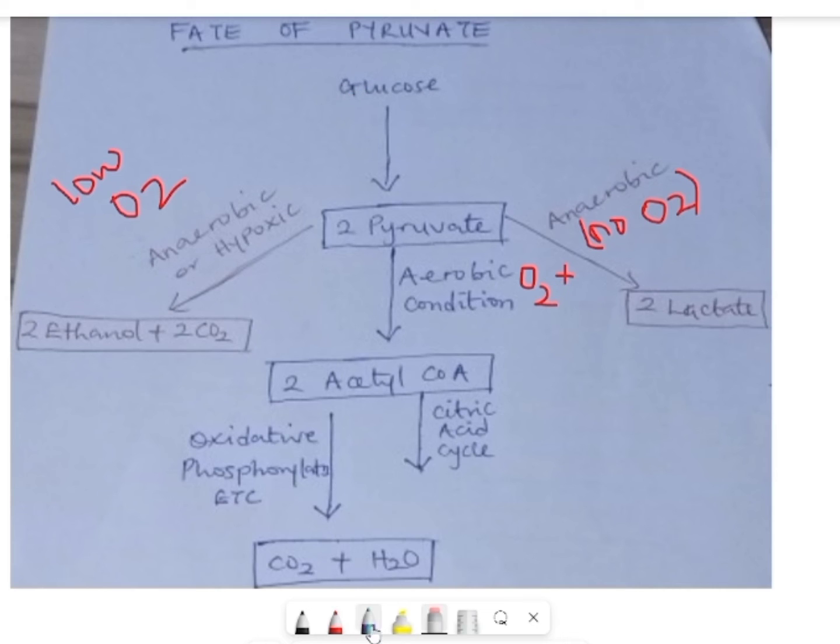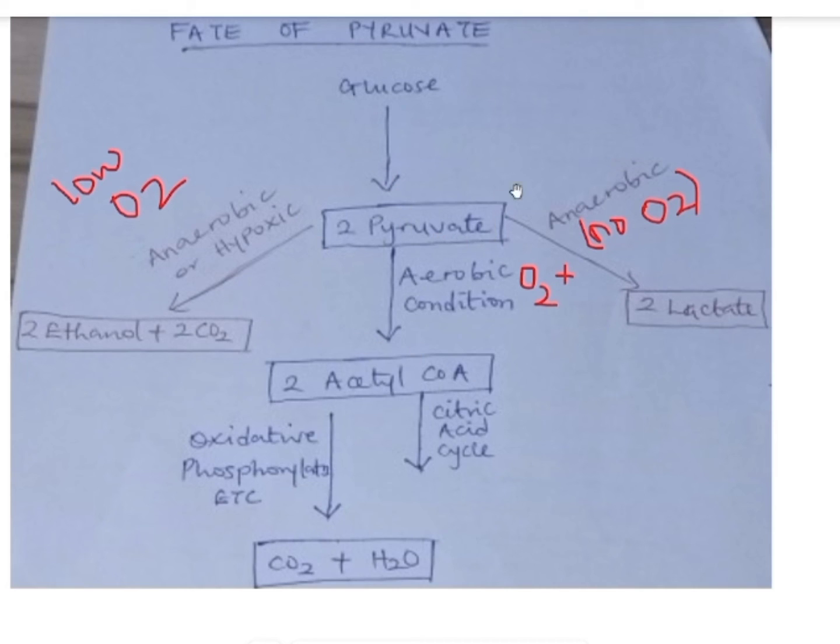In the presence of plenty of oxygen, pyruvate is converted to two molecules of acetyl-CoA. The two molecules of acetyl-CoA can go through oxidative phosphorylation and subsequently the electron transport chain, and also the citric acid cycle, and the final products are carbon dioxide and water.